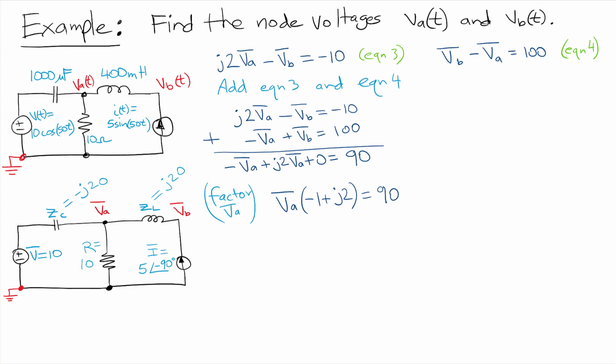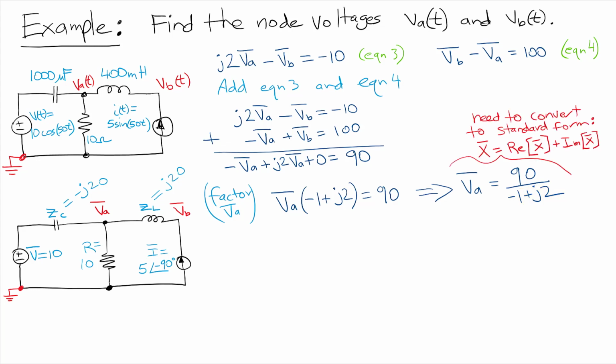So if I factor out VA, we get this expression, VA times minus 1 plus J2 being equal to 90. And then we'll just bring minus 1 plus J2 into the denominator, okay? So we put it into the denominator. Okay, so that's pretty straightforward.